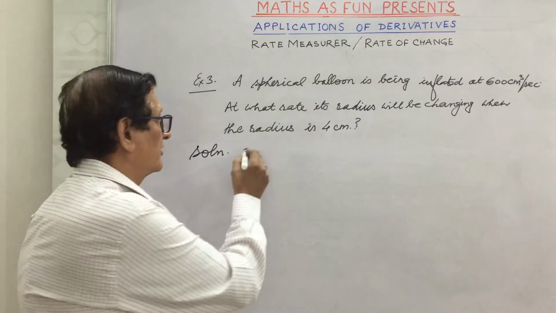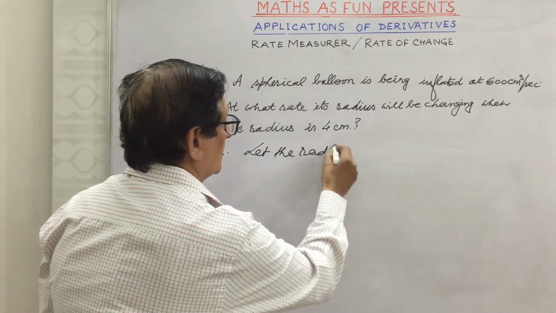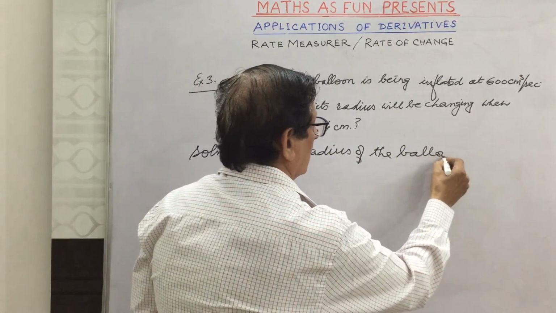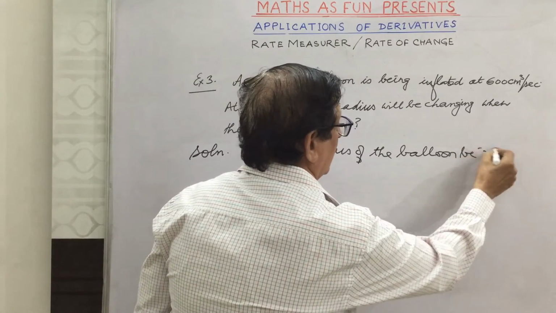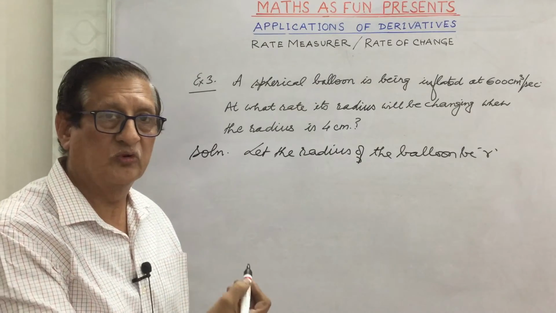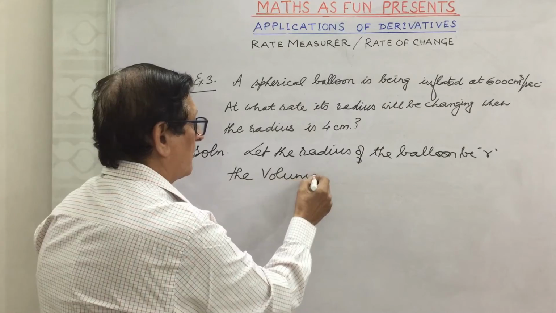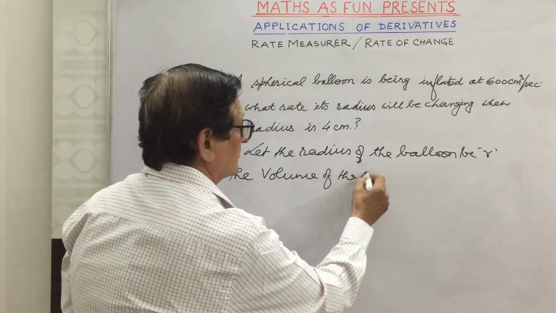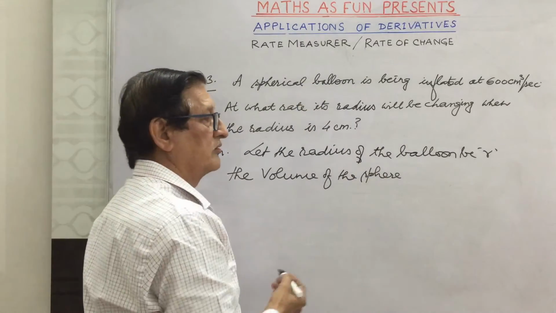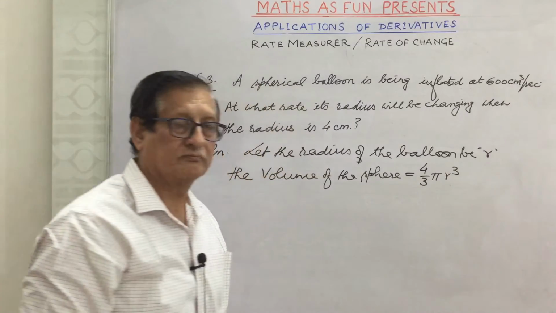So we write, let the radius of the balloon be r. Then we know the volume of the sphere, because this is a spherical balloon, is given by 4 by 3 pi r cube.